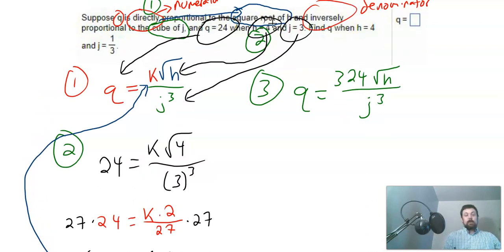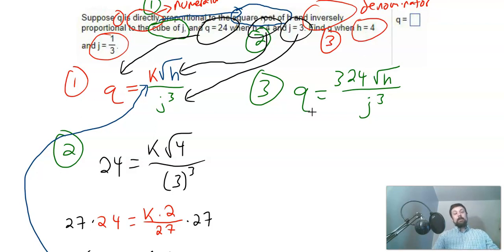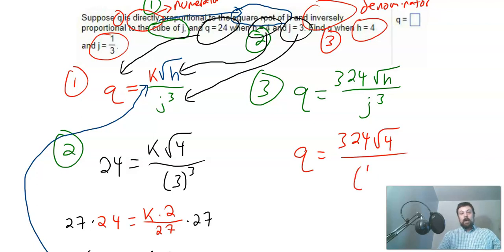Level 3, which is to find Q when H is 4 and J is 1/3. So I'm going to plug these numbers in for H and J, and then I can simplify and find out what Q is equal to. All right, so Q is equal to 324 times the square root of H, which again is 4 in this case, over J, which is 1/3 to the third power.